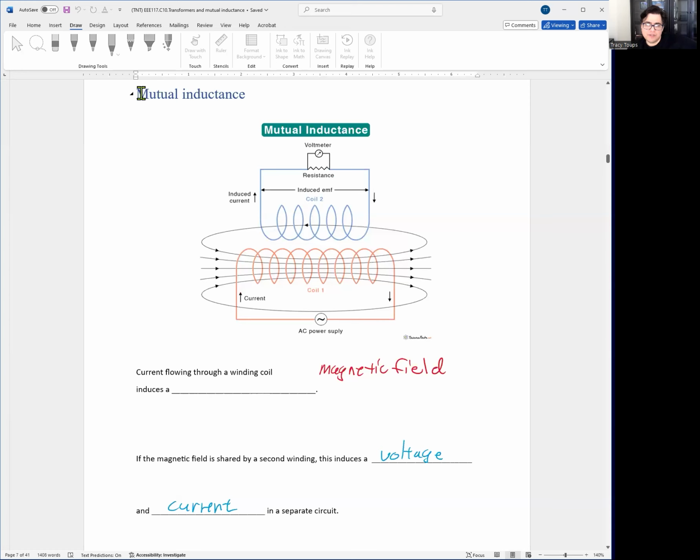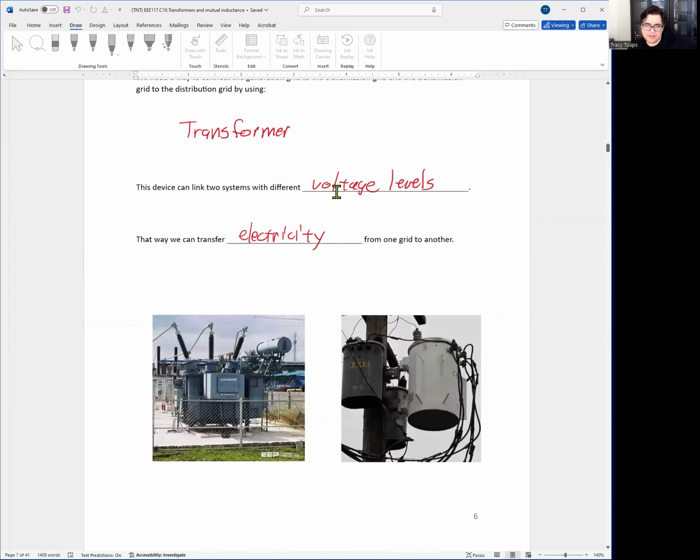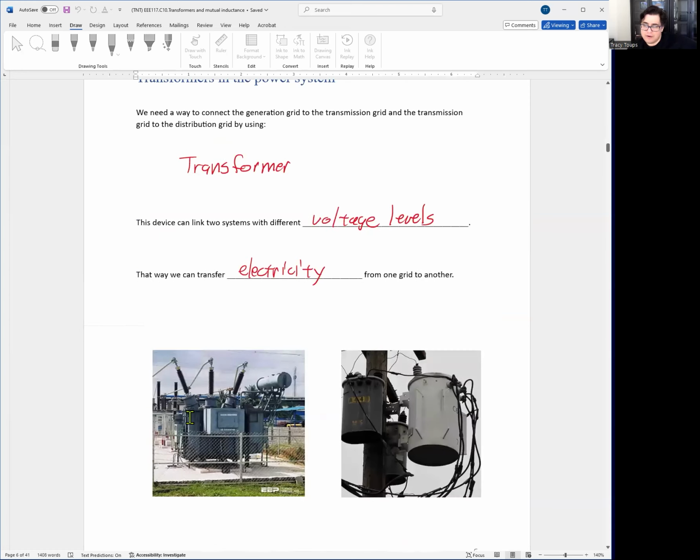So I guess I would say the history lesson here is that in America, this transformer was actually a key component in winning the battle of AC versus DC between Edison and Nikola Tesla, right? And the idea is back then there were no DC transformers.